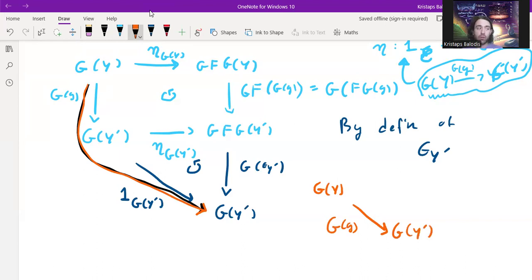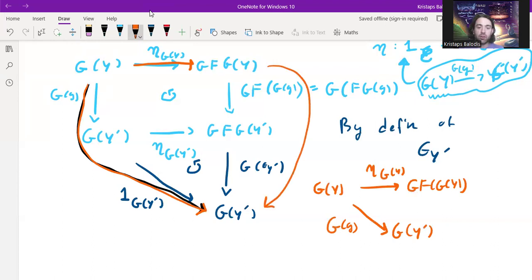And over here, I'll have GF of GY. And that goes over here. So that's still just going to be this arrow. So that is eta GY. And then I have just this arrow here, right?